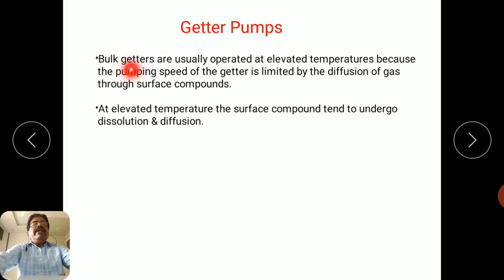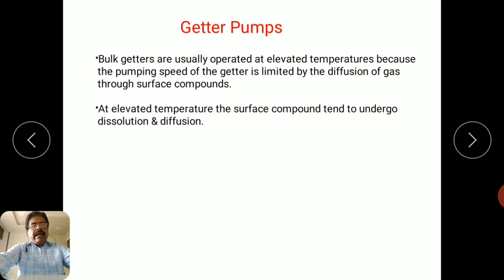When this bulk getter material is used, it is called a bulk getter. The difficulty with operating a bulk getter is that it should be operated at some elevated temperature. Why should it be operated at elevated temperature? You can imagine that when the gas molecule comes to this bulk getter, it will react on the surface of the bulk getter to form a surface compound.